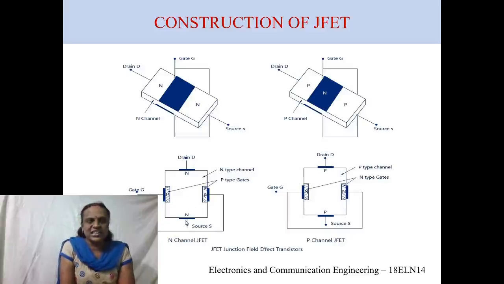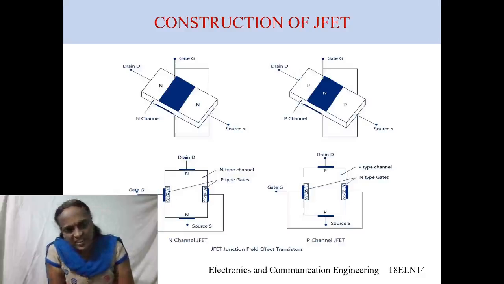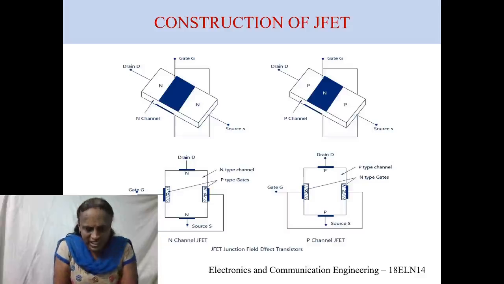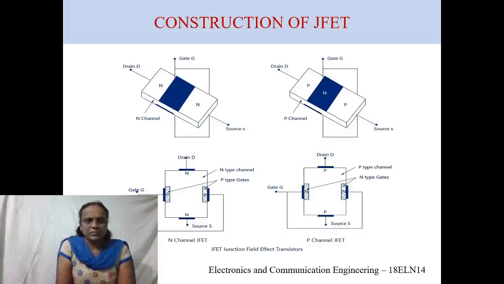Drain current is I suffix D, flowing through the channel located between these two P regions. This current consists of only one type of majority carriers, that is electrons.